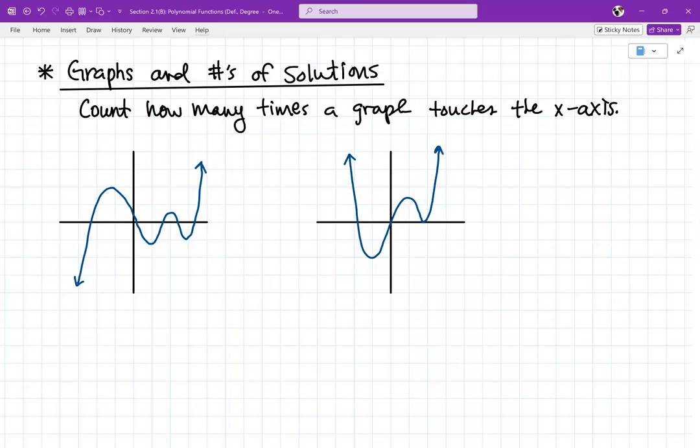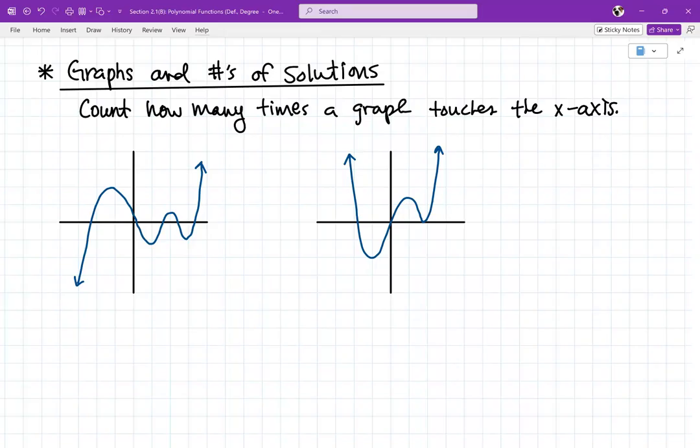Well, you would say 1, 2, 3, 4, 5 solutions. That's 5 because it crosses the x-axis a total of 5 times. What are the answers? I have no idea because I didn't mark it down or anything. And that's the way your homework is. It's not marked. All they want to know is how many. So 5 solutions for the first one.